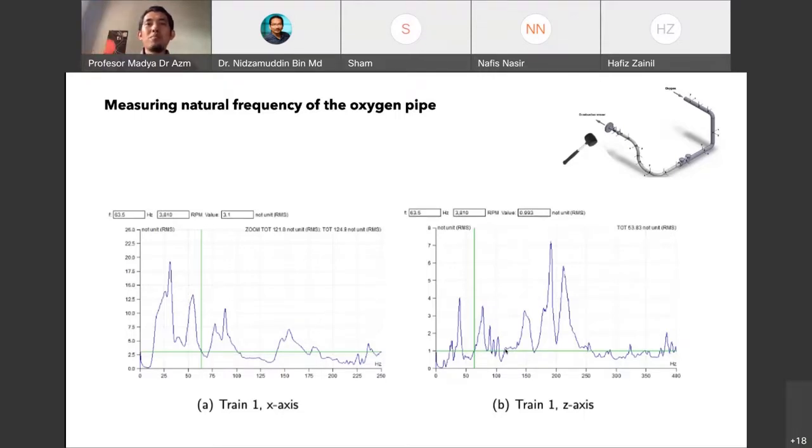But if you touch the pipe, you can feel that it's vibrating quite high, like electricity coming into your hand. To know the level, you have to use a measurement device, a sensor. So it's not in resonance.